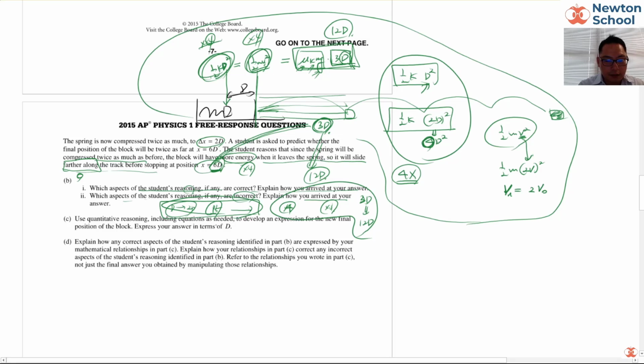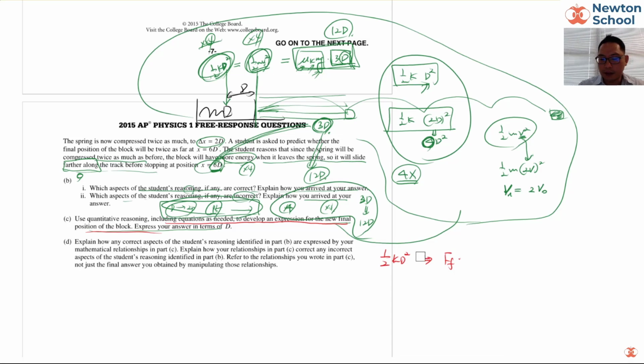Use quantitative reasoning, including equations needed, to develop an expression for the new final position of the block. I think I already showed you using this, but I'll write it one more time. So 1/2 kd squared equals force of friction times the new final position.